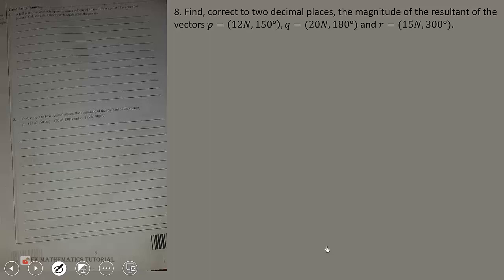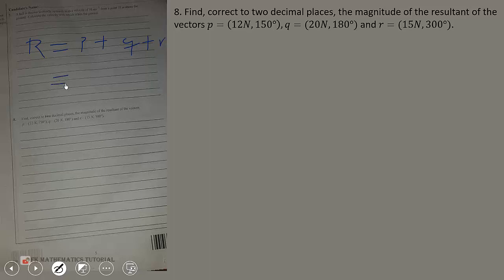Question number 8. You have to find, correct to two decimal places, the magnitude of the resultant of the vectors. So for the resultant, we need to add all the vectors p plus q plus r, but we have to resolve them.